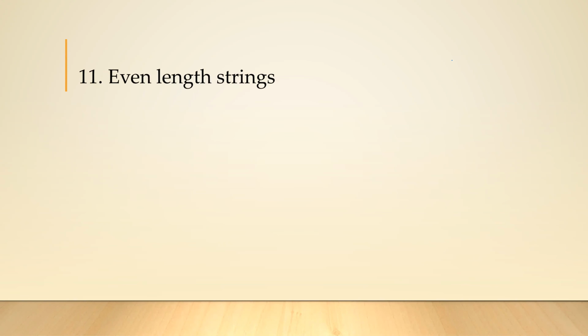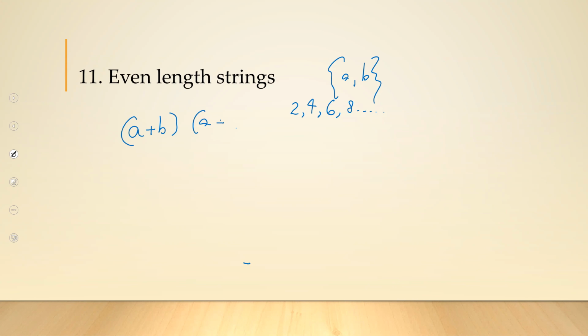Even length strings, okay? So you'll be having the same language over A and B. Now, even length strings means you can have a 2 length or a 4 length or a 6 length or an 8 length, etc. So minimum it should be a 2 length string. So my regular expression will be (A+B)(A+B).